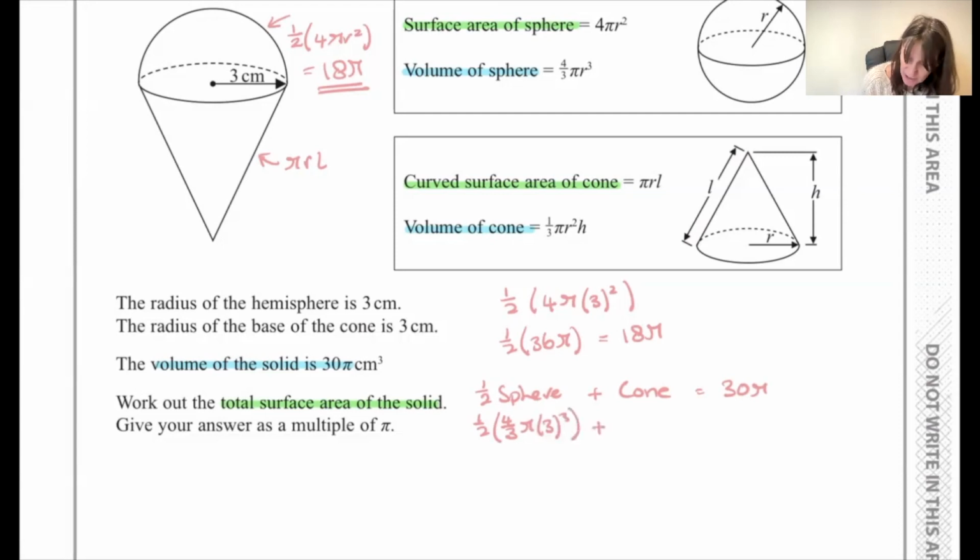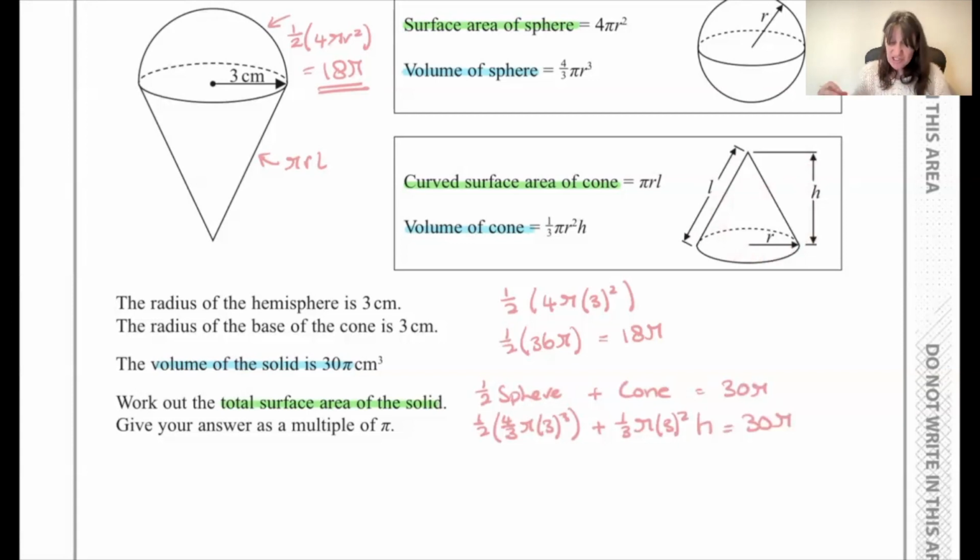And then I'm going to add on my cone, which is a third pi 3 squared, and then I've got this letter h that I can't substitute a value for because I don't have one. So all this work that I'm about to do is going to give me the value of h, not L. But that's going to help me. It's going to get me closer to my L because h is part of my cone.